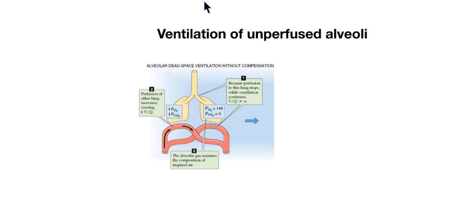So what do you want to do in this circumstance? Where do you want blood to go? To the healthy one, right? The problem is that on this side here, we have perfusion and no ventilation. We have lots of ventilation and normal perfusion.